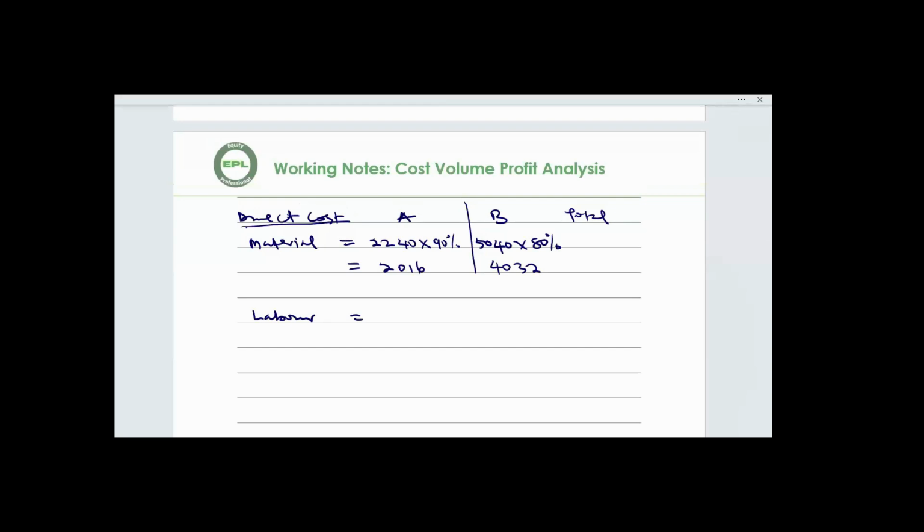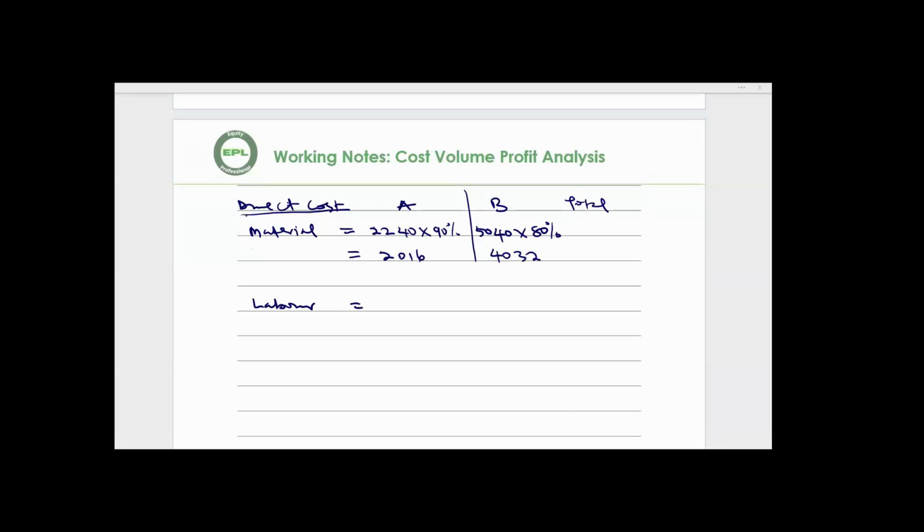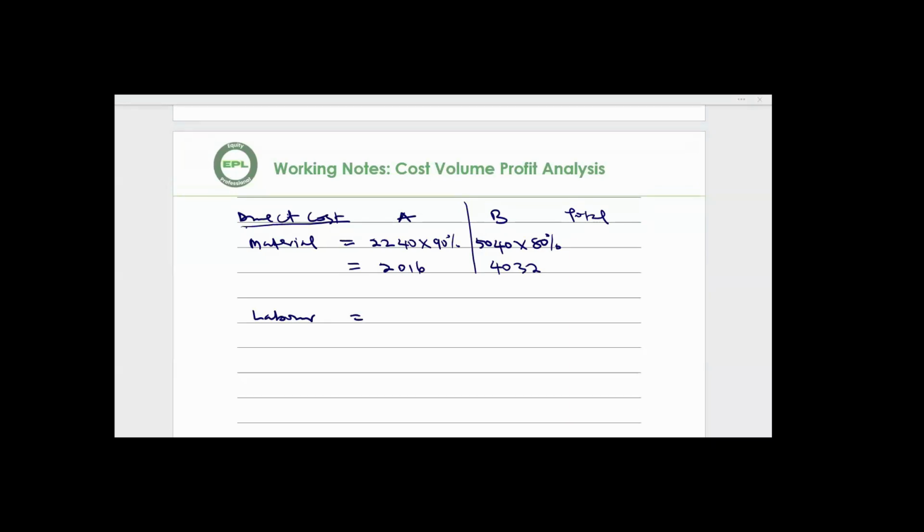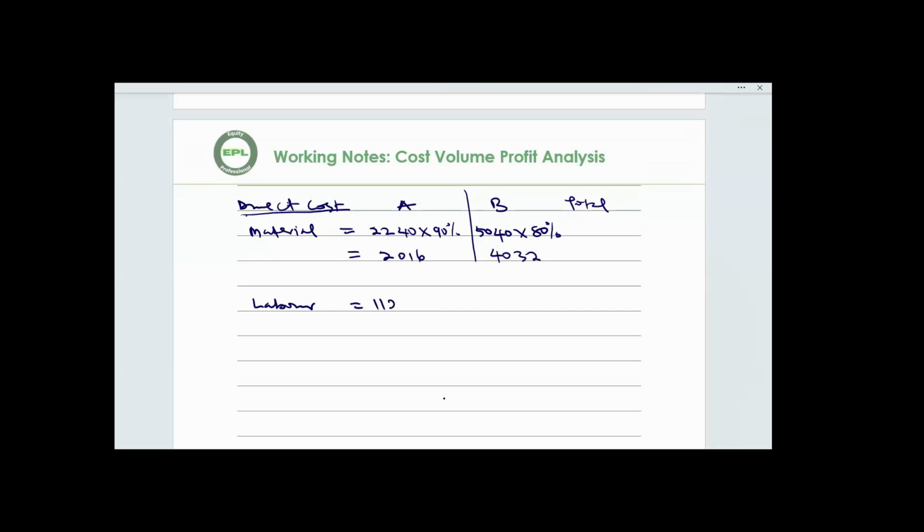according to the question, you are told that labor will increase by 10% each. So the current labor cost is 1120, 3360. We are told that it will increase by 10%. So multiply by 1.10.